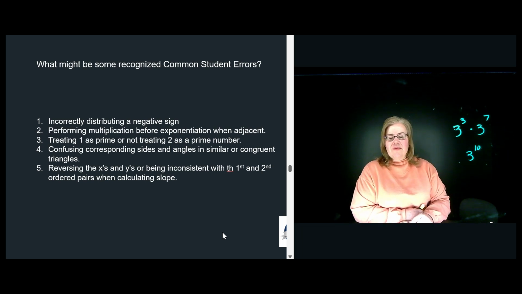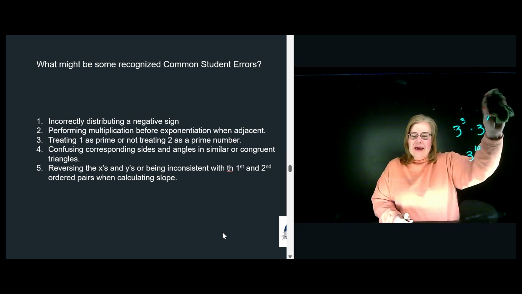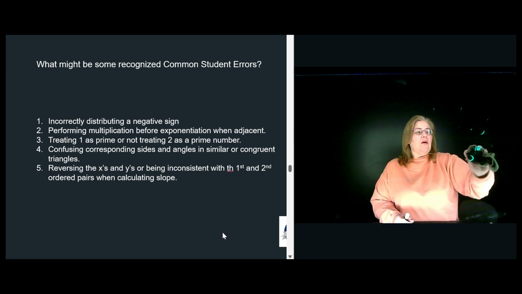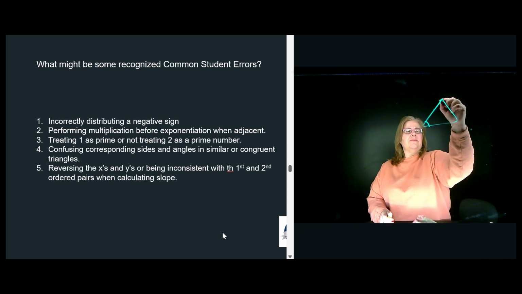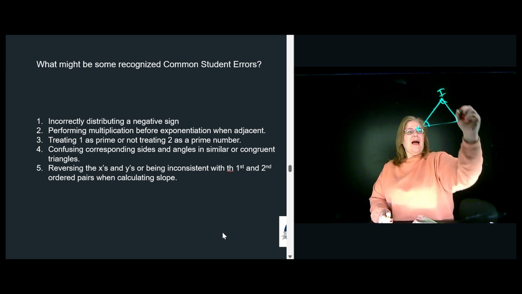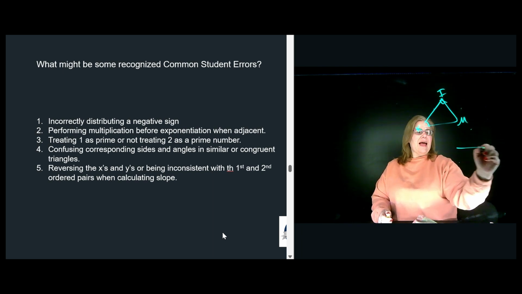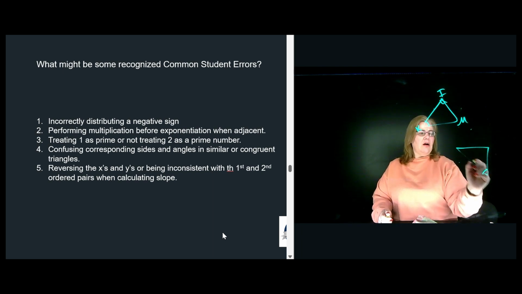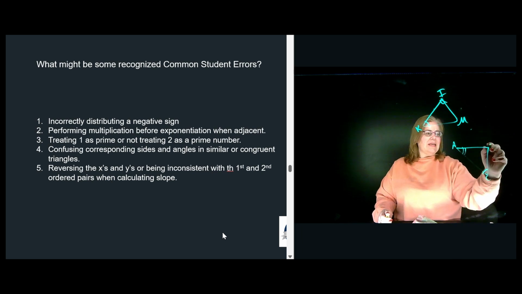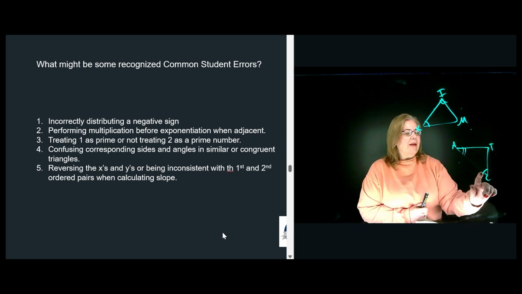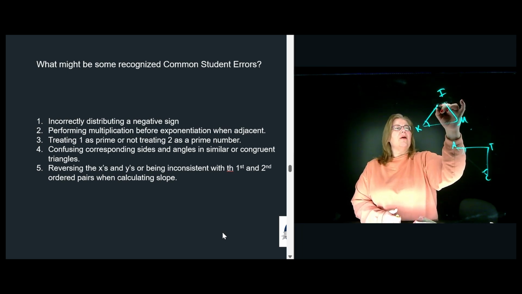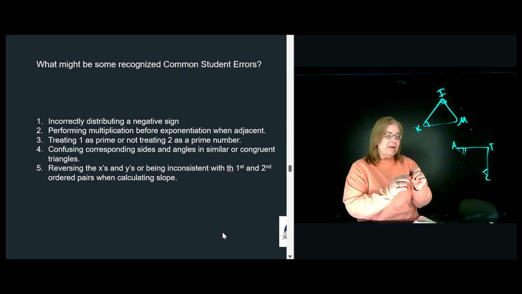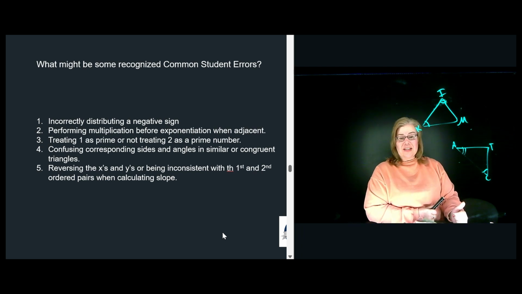We're also looking at when we confuse our sides and angles of similar triangles or congruent triangles. So let's look at a couple of those triangles. So if I have this triangle and call it KIM, and then I had this triangle and let's call it ACT. Depending on how many arcs there are in the triangle angles, is there congruency.